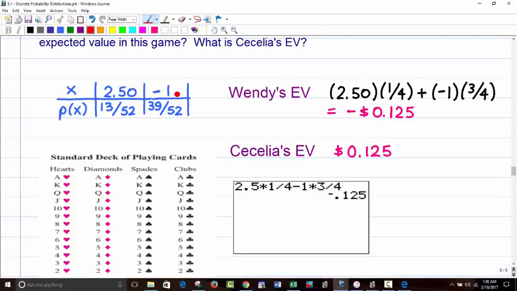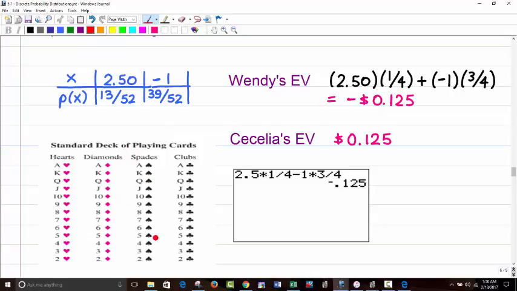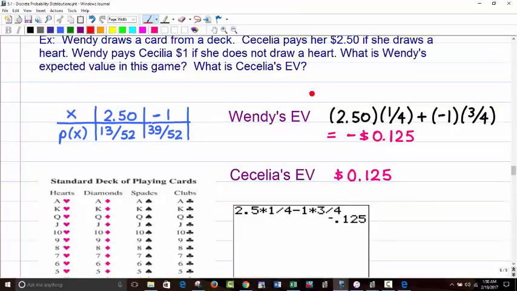But she's a negative 1 outcome, losing $1, if any of the other 3 suits appear, any one of those 39 cards. So you do the calculation, and it's negative 0.125 for Wendy and positive 0.125 for Cecilia.